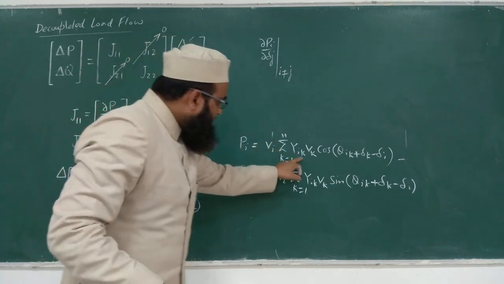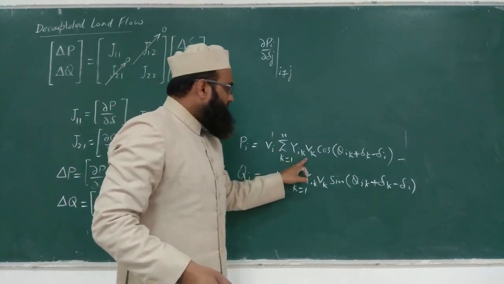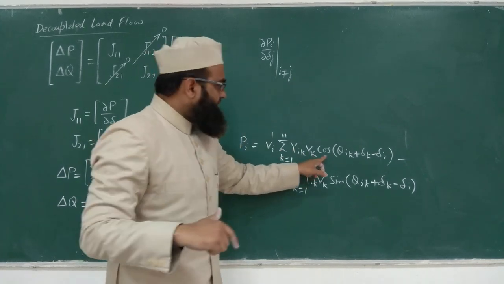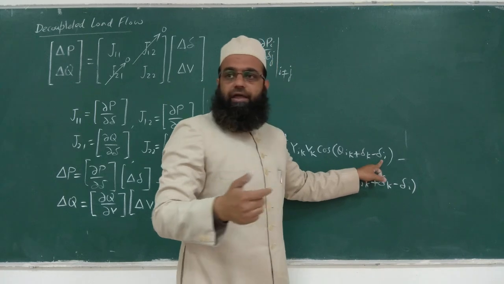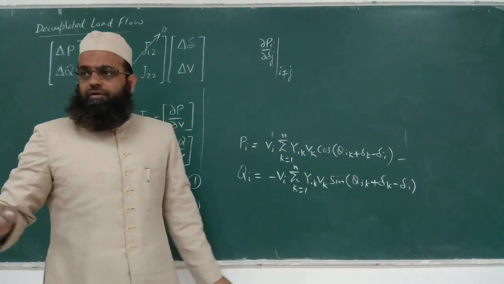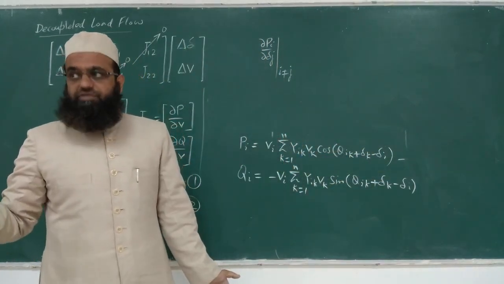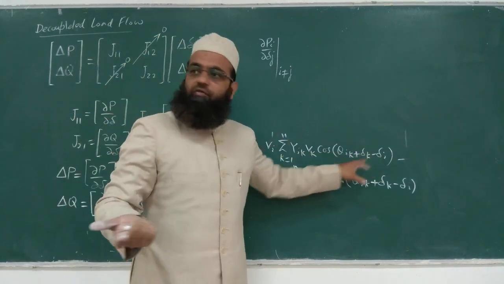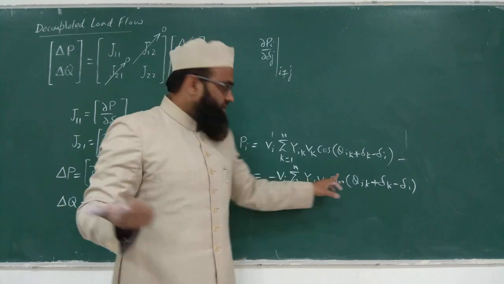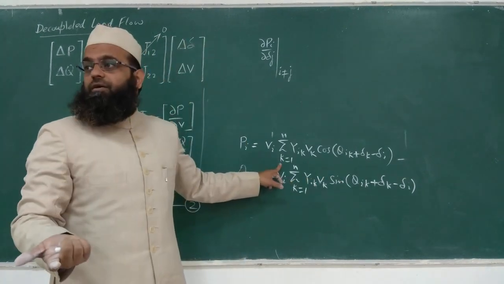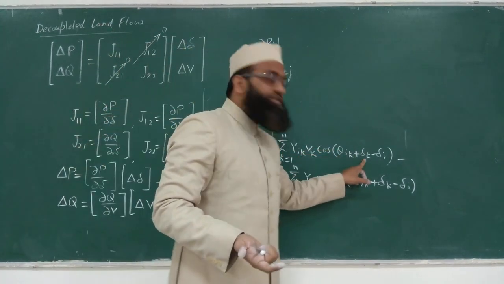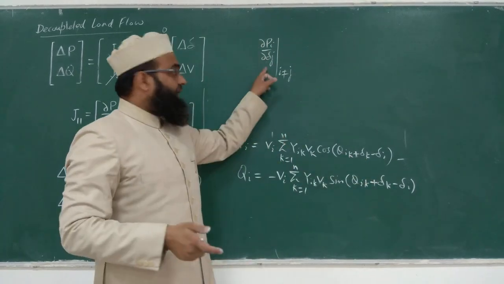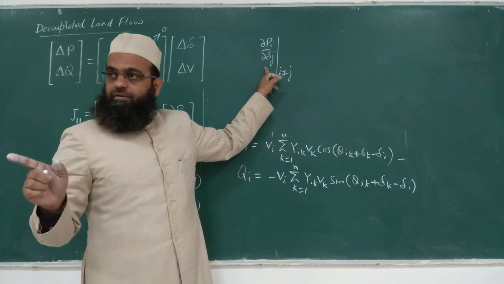So when k is 1, this Vi, Yi1, delta 1, delta i, all independent of delta J. So 0. k is equal to 2, all independent of delta J. So 0. Take k is equal to J. So there you will get delta J. Only that term is depending on delta J. Clear?